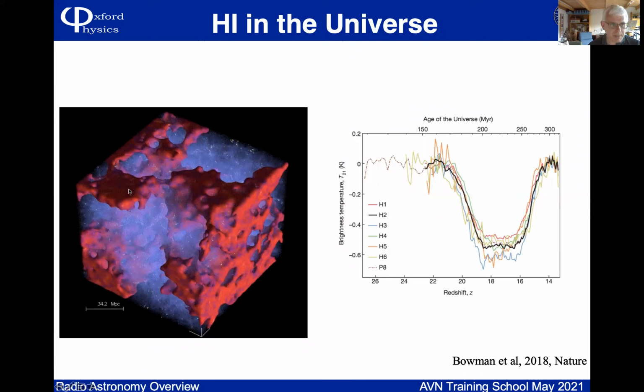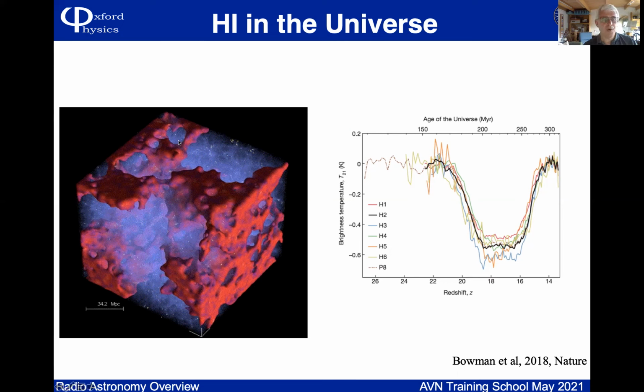People have done simulations like this one showing at some early stage in the universe at high redshift, you've got a patchwork of red, which is the atomic hydrogen, which emits the H1 line. And then the blue in between is the ionized hydrogen that's been ionized because stars and galaxies have turned on and started creating photons that ionize hydrogen.